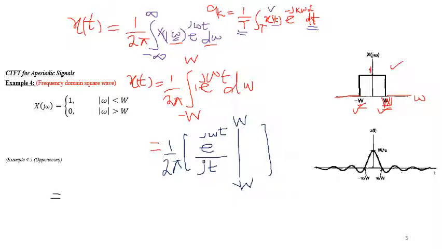So what I get is 1 by 2 pi, and this is your upper limit, so it will be e power j capital omega t, minus the lower limit, so e power minus j capital omega t, you understand, right?